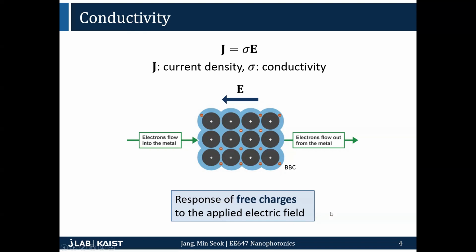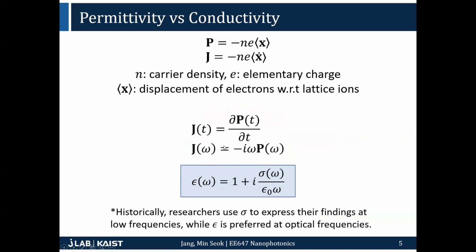So one is about the bound charges. Because they are bound to the atom, they cannot just move around, but they can be polarized. And here, free charges can move freely so that you have current. If you look at permittivity and conductivity at a deeper level, the polarization is about the displacement of electrons with respect to the lattice atoms.